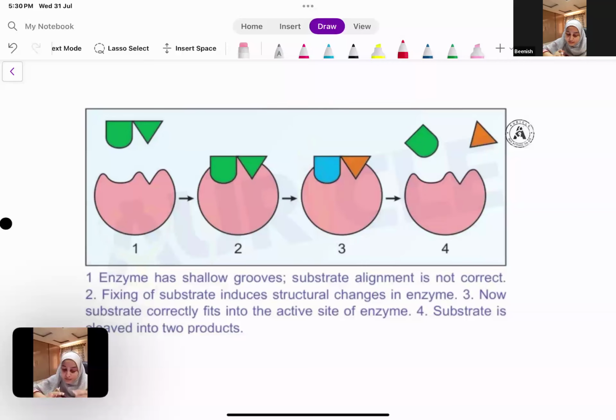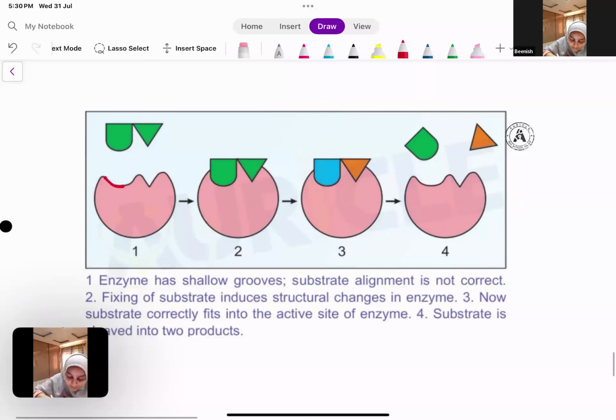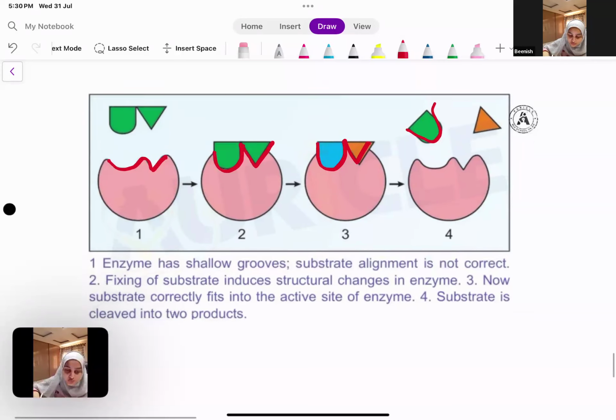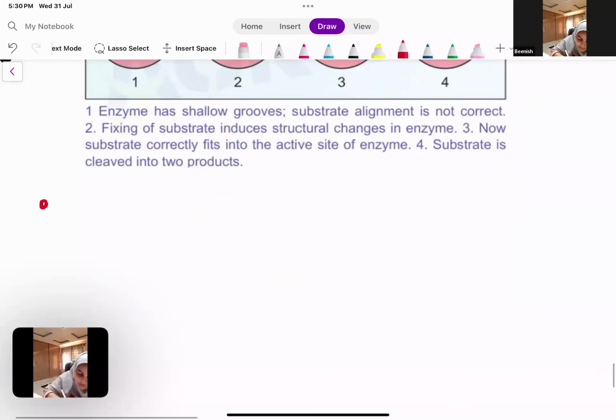So similarly, you can see here the active site is not complementary to the substrate, but because of the binding, the active site becomes complementary, and then the substrate is changed into products, and then the enzyme and the products are released. So this theory was accepted because it was able to explain the dynamic changes associated with enzymes.